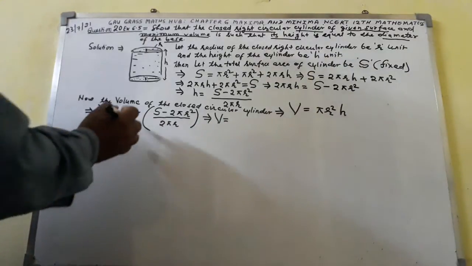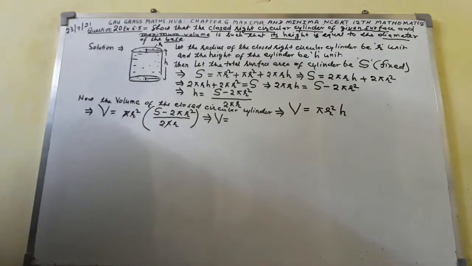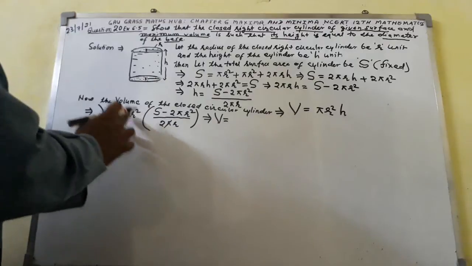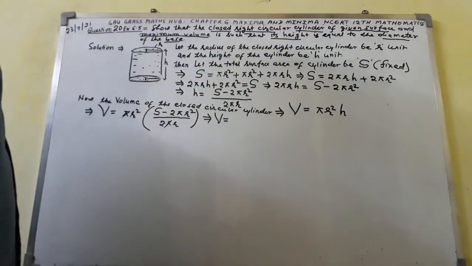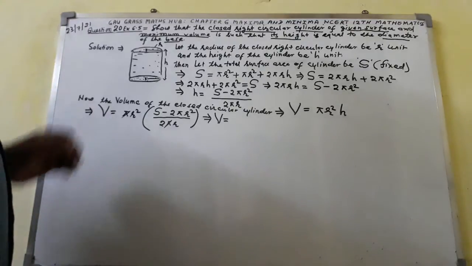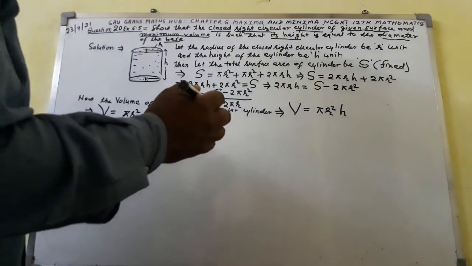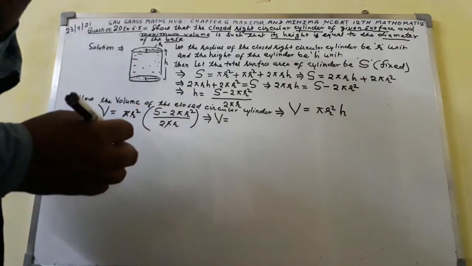So here again I shall write, implied that capital V is equal to, now here you can see this pi will be cancelled out, and this r will also be cancelled out. So here you will get, separate the things here.